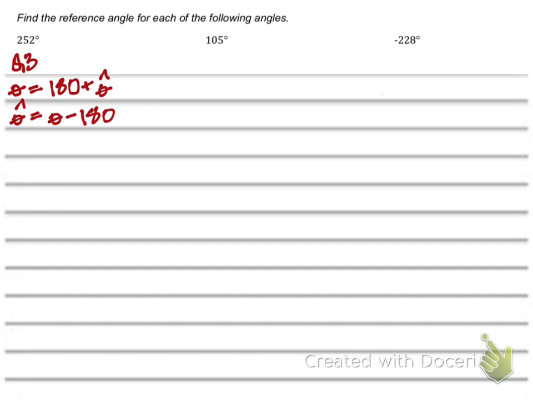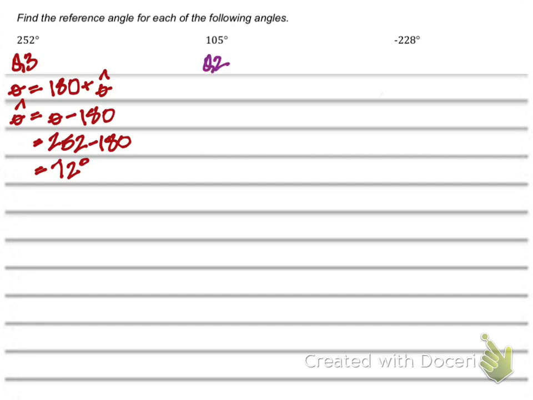If you wanted to go ahead and plug the theta in that previous step, you certainly could. And then I'm just going to put my information in and solve it. So theta hat is 72 degrees. What that means is that 252 degrees is 72 degrees more than 180. That's kind of how I want you to think about it.